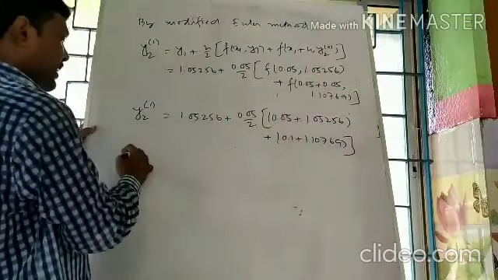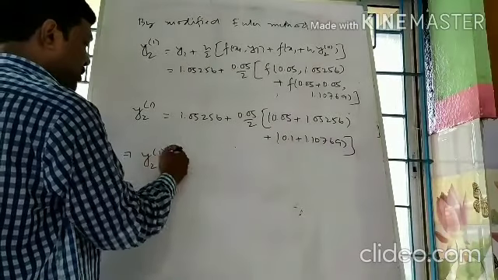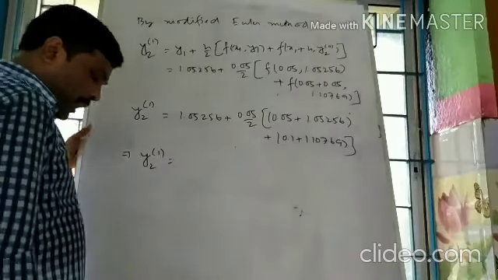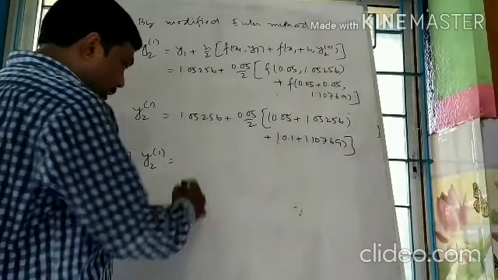Okay, so just simplify. So the first approximation of y21 equals 1.1032.